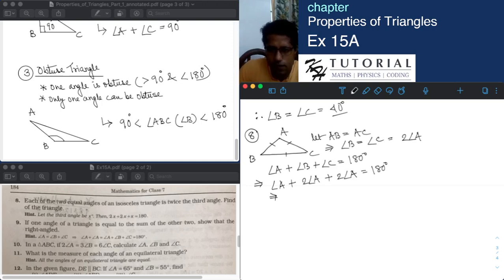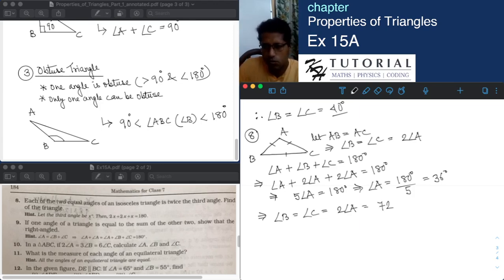This implies 5 times angle A is equal to 180 degrees. This implies angle A is equal to 180 degrees by 5, which is 36 degrees. So angle B is equal to angle C, which is twice angle A, that is 72 degrees. Okay.